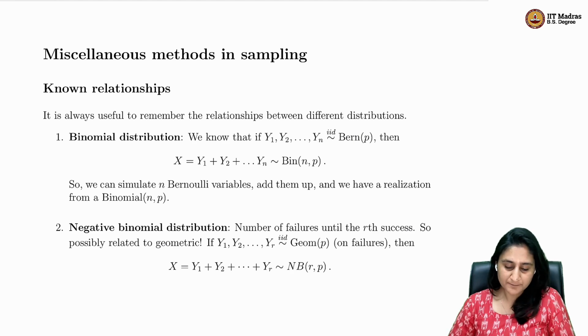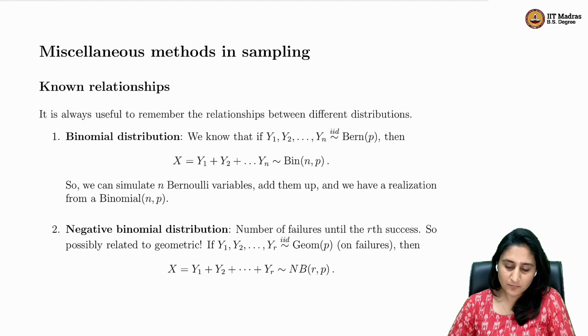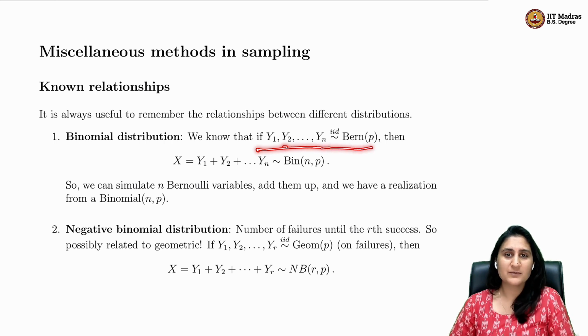We know that if Y1, Y2 up to Yn are IID Bernoulli random variables with probability of success p, and I construct X to be equal to Y1 plus Y2 plus up to Yn, then this new random variable X is distributed according to binomial(n, p).